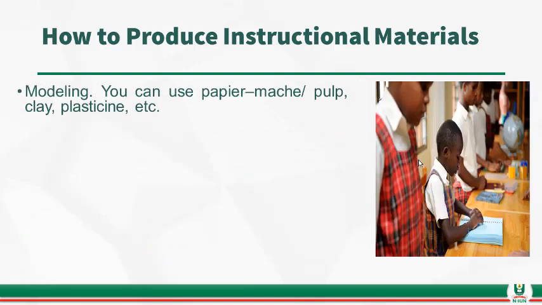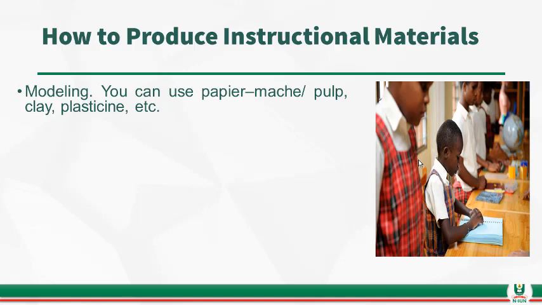So another method is modeling. Models are materials that have breadth, length, and width. They are three-dimensional objects, and they can also be produced and used for better understanding of learning. And then we can make use of papier-mâché.